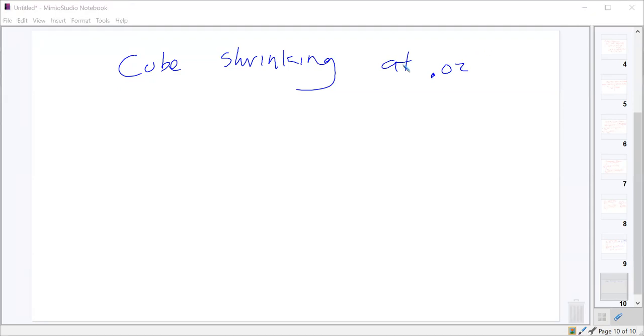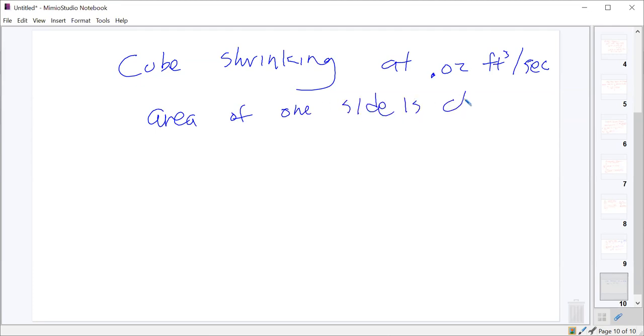We're going to have the cube shrinking at 0.02 feet cubed per second, and we want to know how the area of one face is changing when the length of the side is 3.